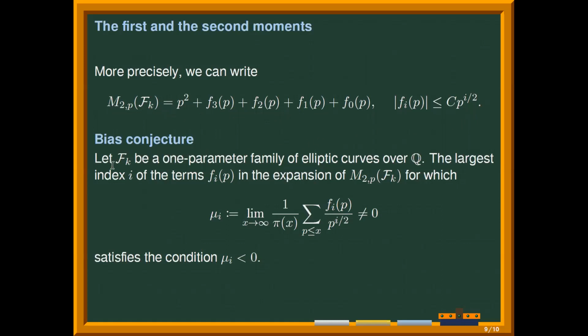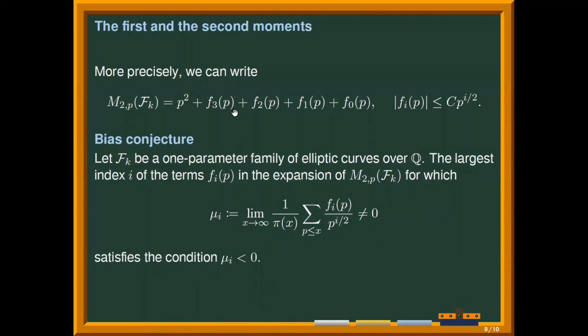Then the bias conjecture states that if f_k is a one-parameter family of elliptic curves over Q, then for the largest index i of the terms F_i(p) in the expansion of M_2(p, f_k), if you define mu_i to be some sort of average of F_i(p) over p to the power of i over 2, and that's a non-zero value, then mu_i is going to be negative.